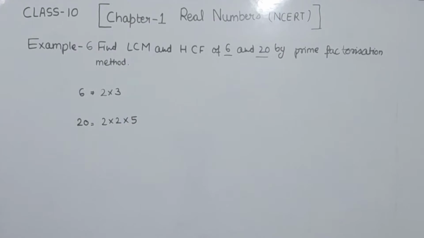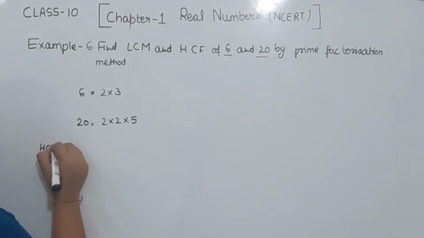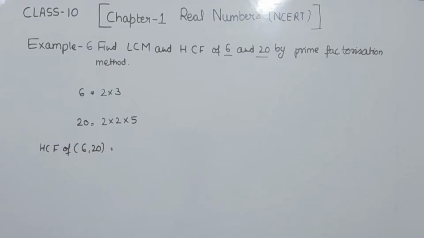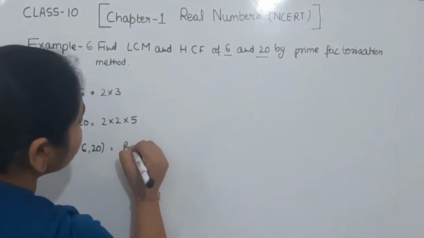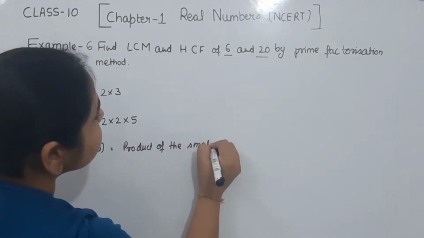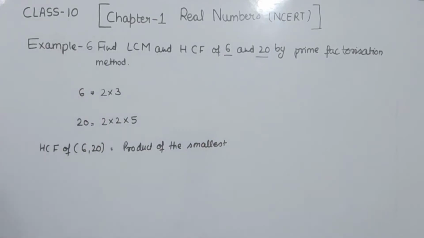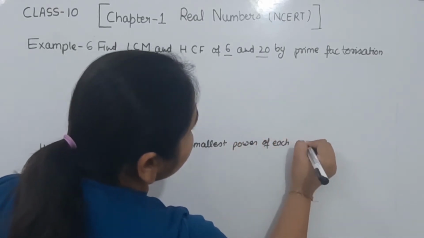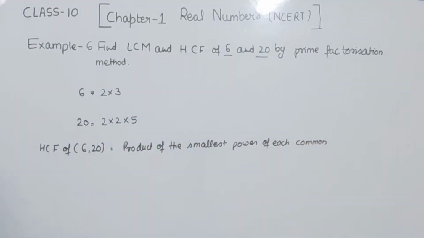Now we know that for finding the HCF of 6 and 20, the number should be the product of the smallest power of each common prime factor in the numbers.